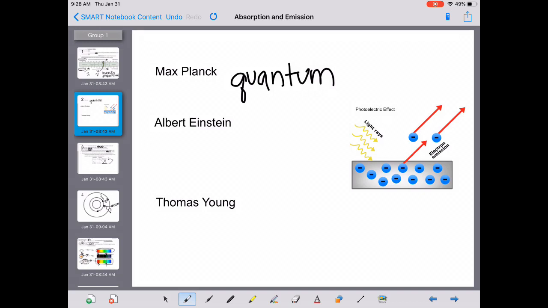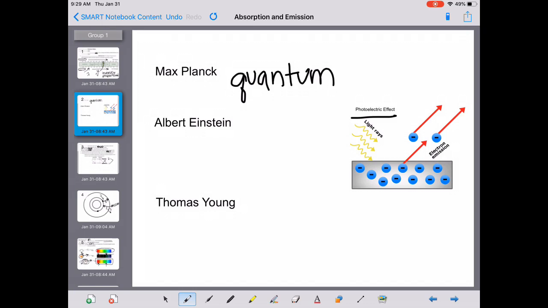And then after Planck, Albert Einstein made some important contributions to our understanding of atomic absorption and emission. His contribution was mainly to explain something that had puzzled scientists for quite some time, which is called the photoelectric effect. Scientists had been observing this, and what they observed ultimately was not what they expected.